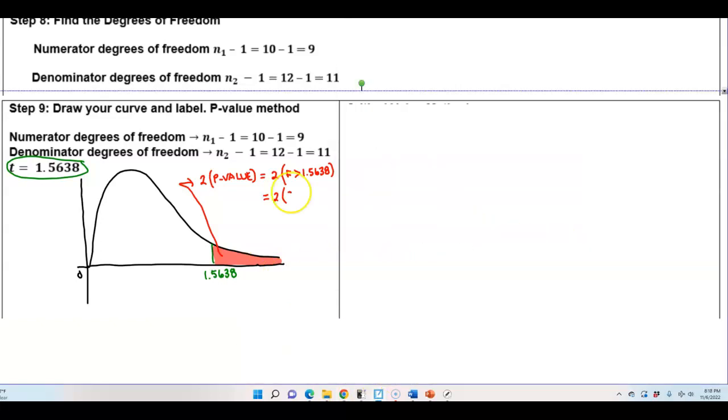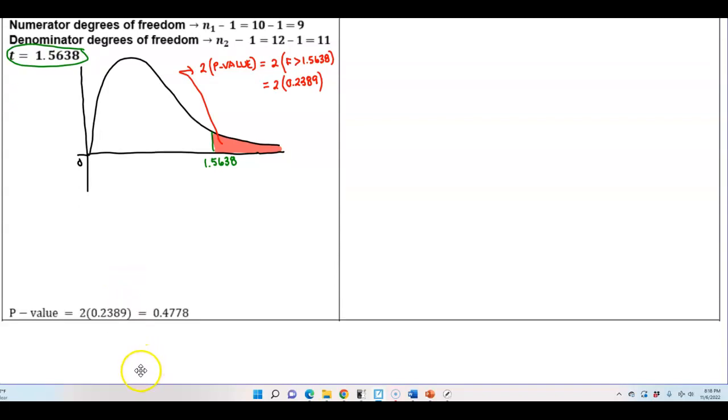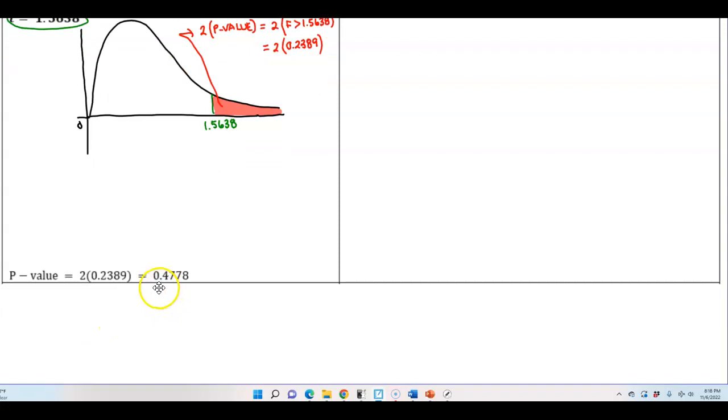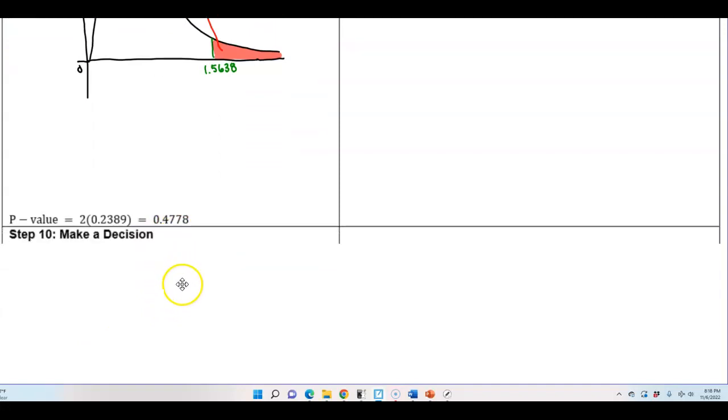Down here, we can say the following. The p-value is therefore 2 times 0.2389, and when we multiply it by 2, we get a p-value of 0.4778.